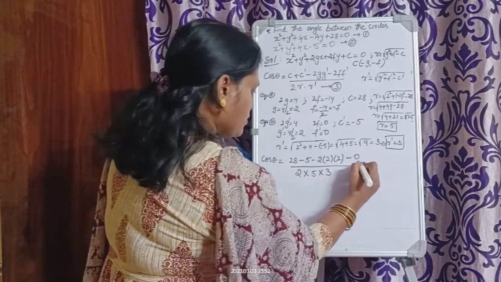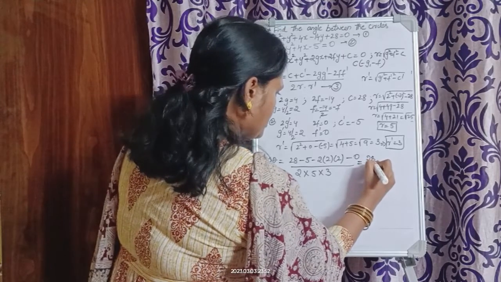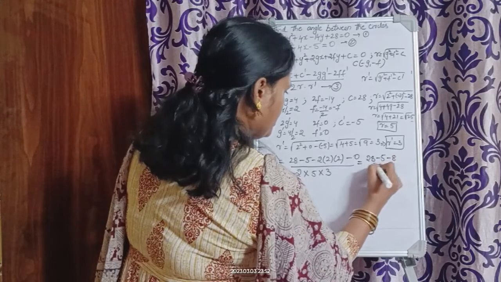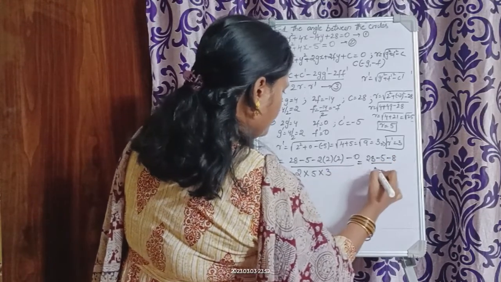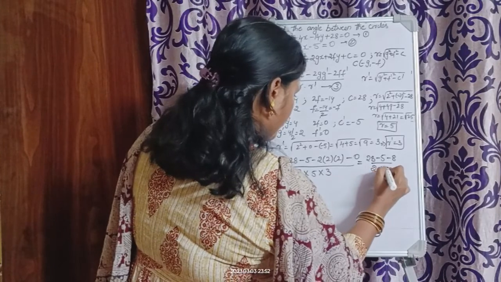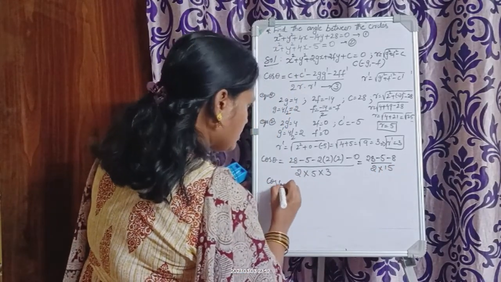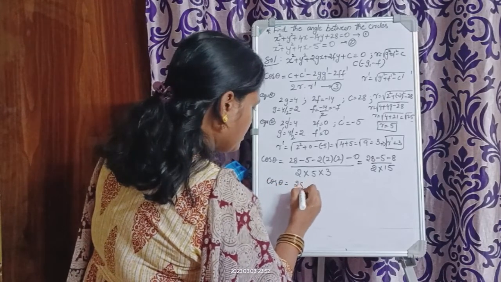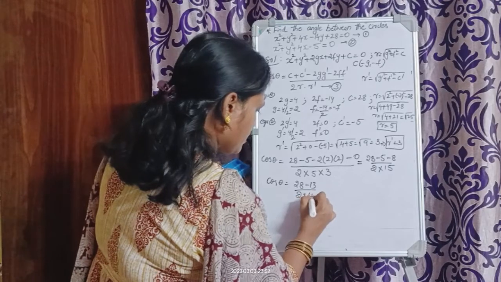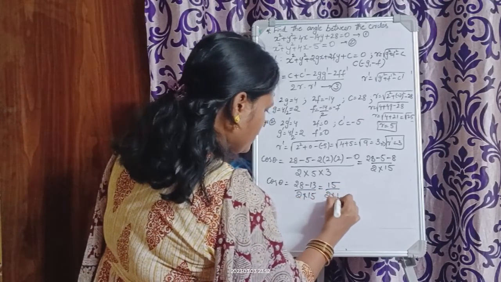Solving this, we get 28 minus 5 minus 8, by 2 into 5 into 3, which is 15. So cos theta is equal to 28 minus 13 divided by 2 into 15, or simply 15 by 2 into 15.